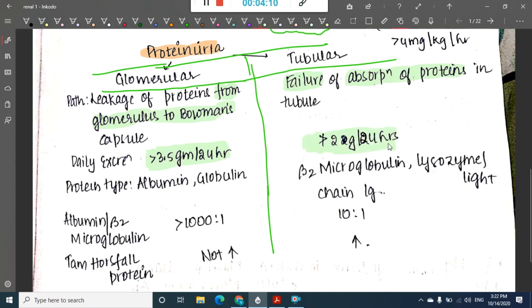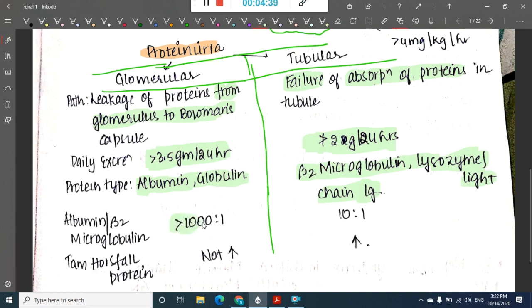In glomerular proteinuria, mainly albumin and globulin are involved. In tubular proteinuria, beta 2 microglobulin, lysozymes and light chain immunoglobulin are involved.